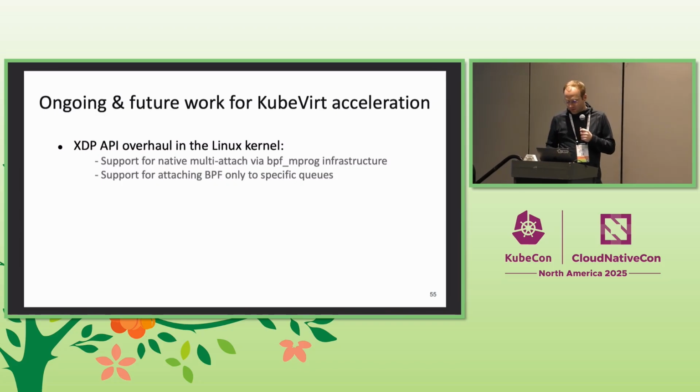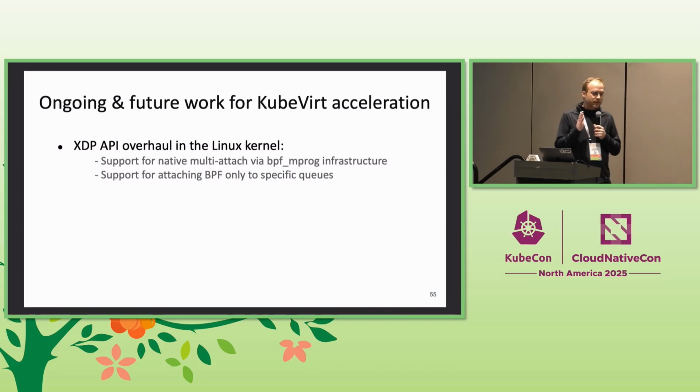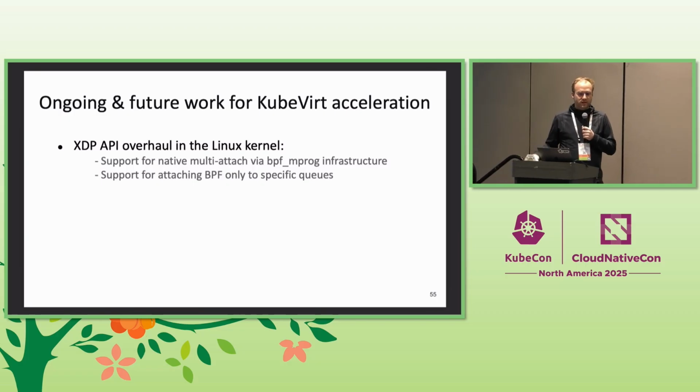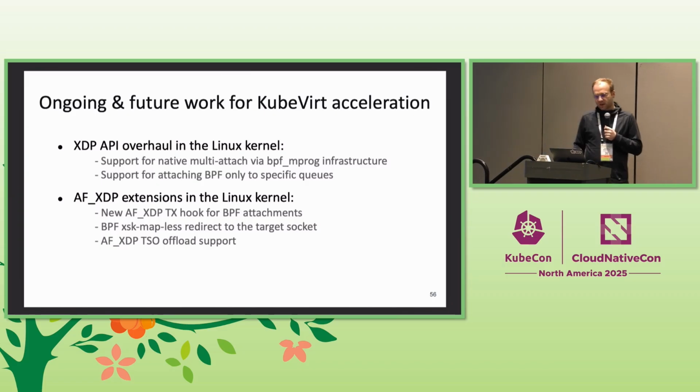So that is one thing we are planning to do, and also to specify that you only want this XDP program to run on specific queues. That way you don't get the overhead for traffic going into the host, where you enter the XDP program for no good reason. So this is something we are planning to extend.